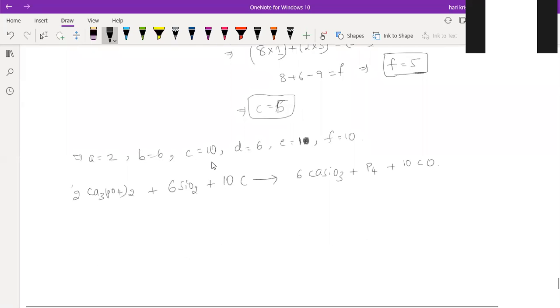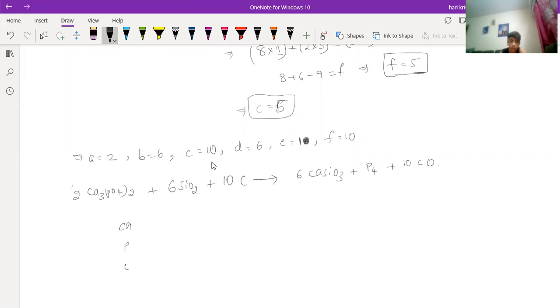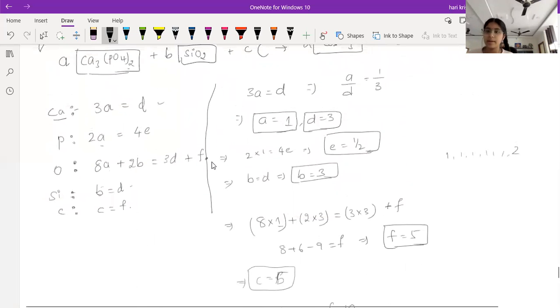Is it the same for calcium, phosphorus, oxygen, silicon, carbon? Check on both sides. Sir, actually I learned a different method. I first solved phosphorus, and then everything was divisible by 2, so I divided everything by 2.